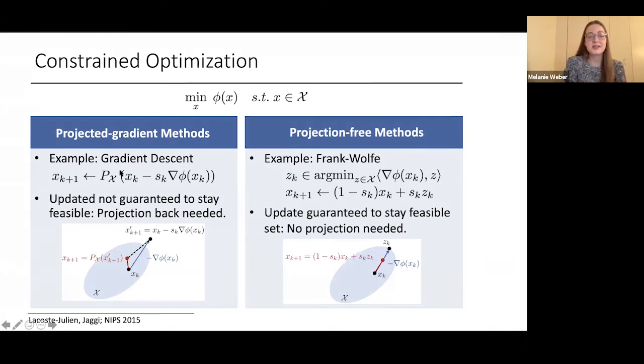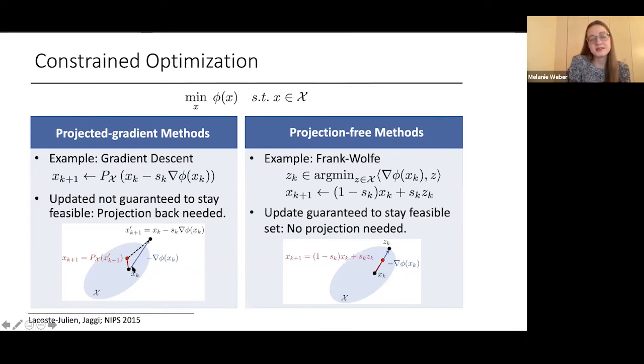So for projected gradient methods, the idea is that starting at a point x_k, we evaluate the gradient information to find a feasible descent direction, and perform with that information a standard gradient descent update. But here we have no way of incorporating the constraints explicitly.